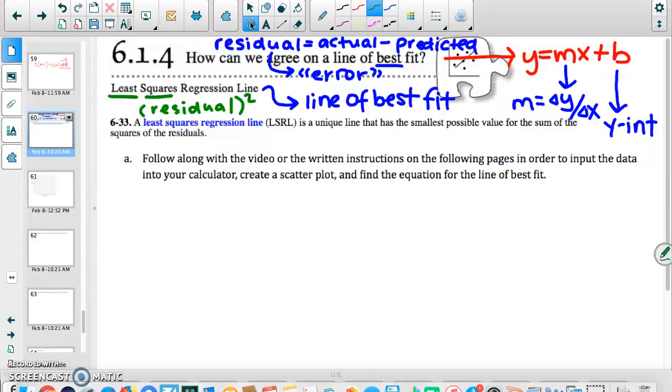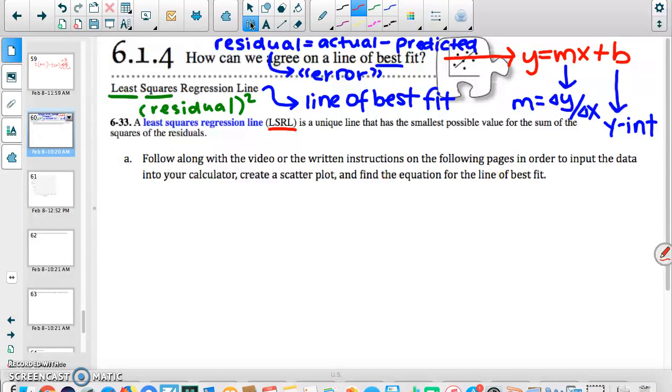Regression line is just another way of saying our line of best fit. So least squares regression line is our new vocab word, but it refers to the same thing, just our line of best fit. And since this is a long 4 words, we shorten it to be LSRL, the least squares regression line.